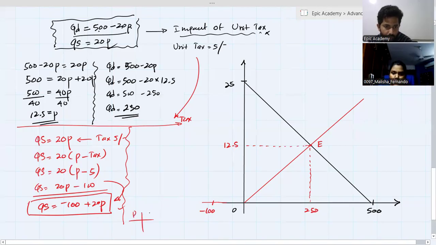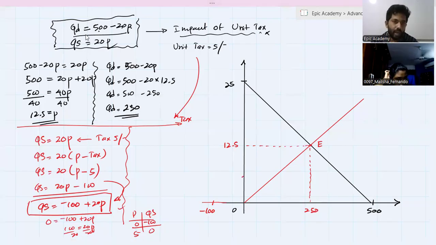Just identify P, QS: when P is 0, QS becomes minus 100. Then QS 0: 0 equals minus 100 plus 20p. That means 100 equals 20p. So then 100 divided by 20 is 5.